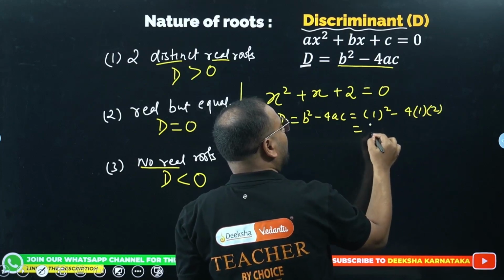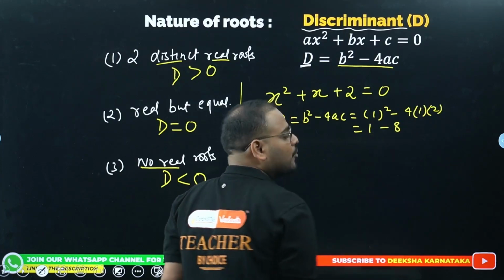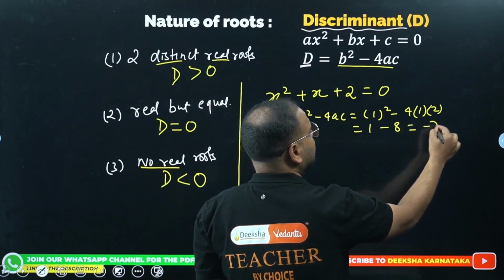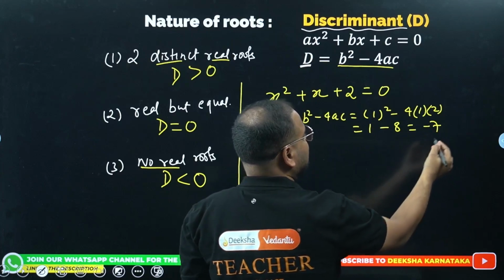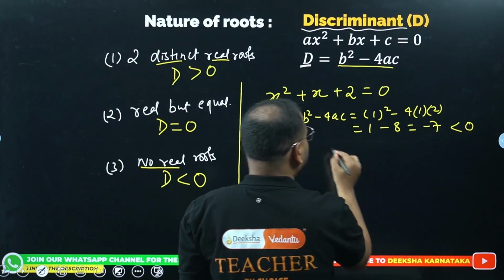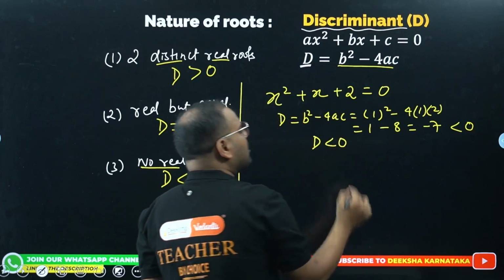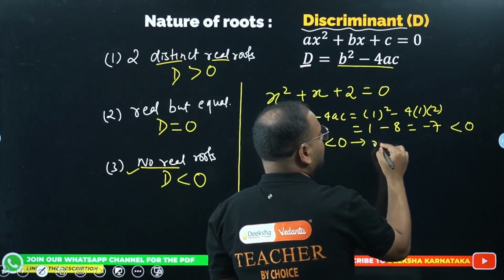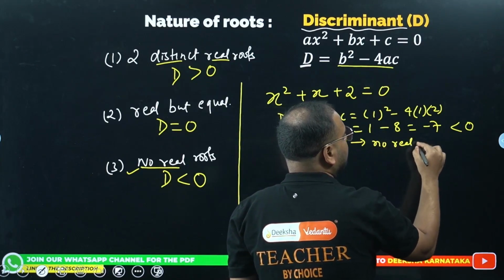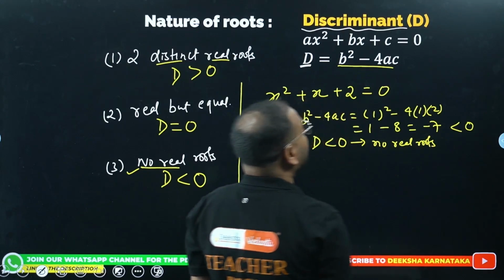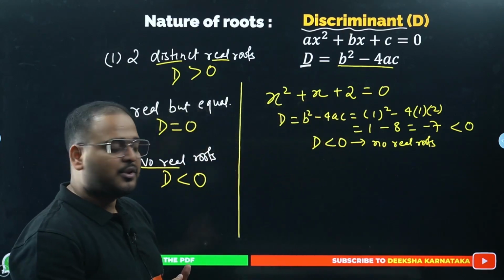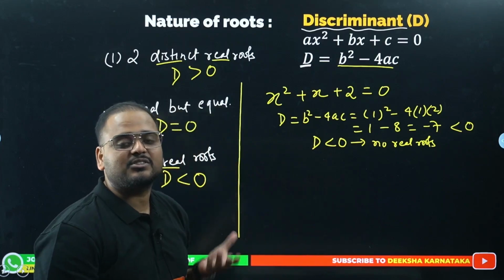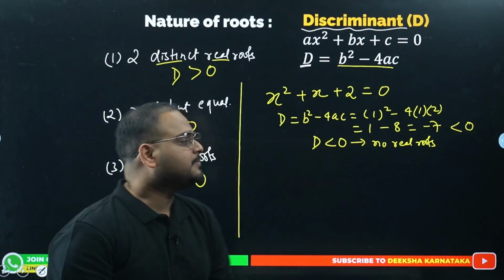What's my answer? 1 minus 8, which makes it -7, and -7 is less than 0. So D is less than 0, which comes in the category of no real roots. So you can see, without actually solving the quadratic equation, we can clearly and correctly say that it does not have any real root. I hope I'm clear. Great.